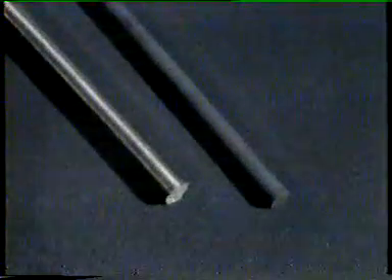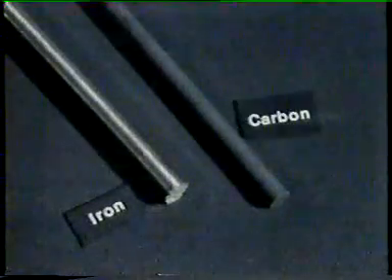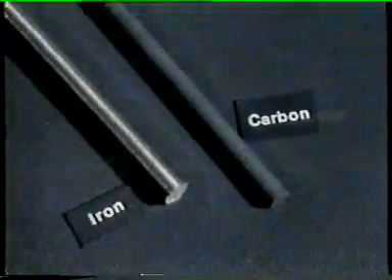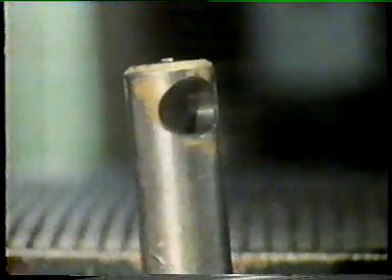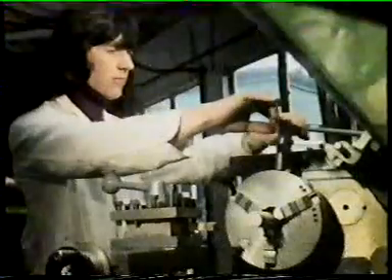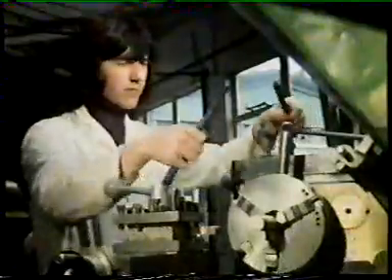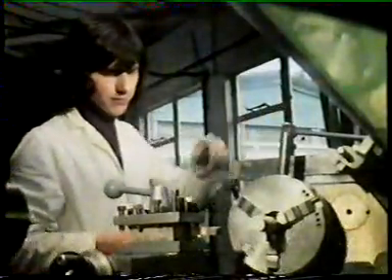Steel is an alloy of iron and carbon, two materials with only a limited number of useful properties. Take carbon, for example. It breaks very easily. It's weak and brittle. How about the iron?